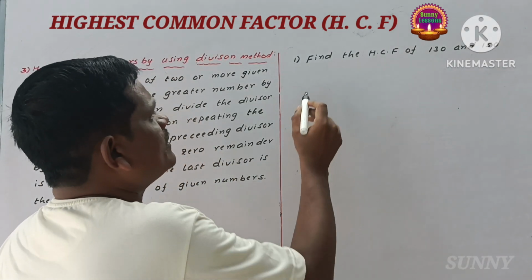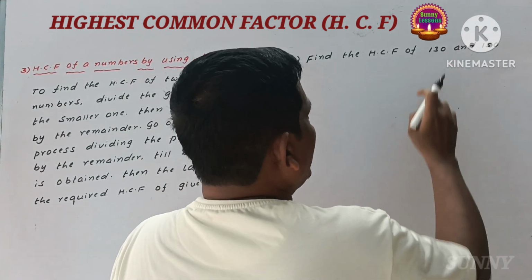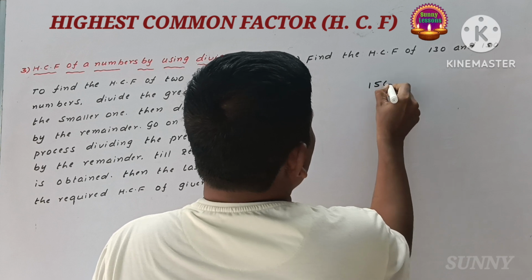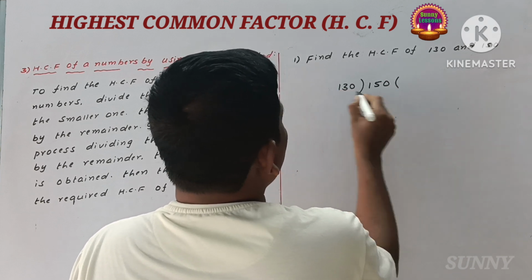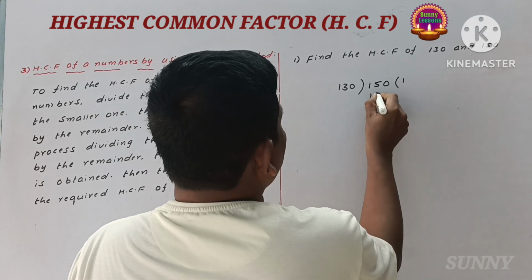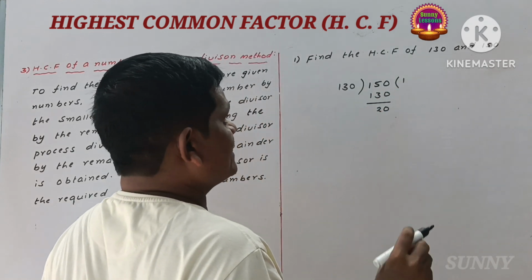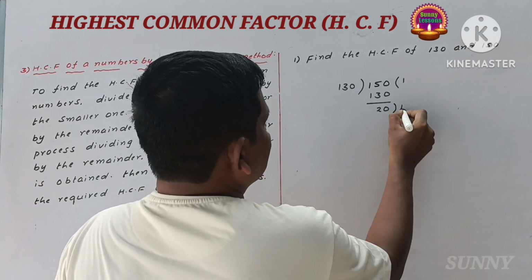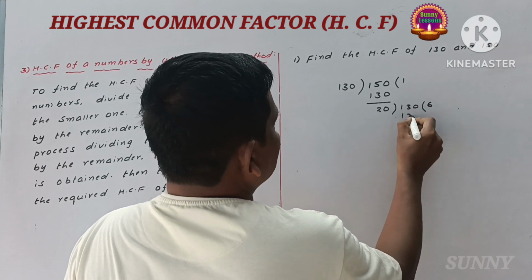Let us take an example. Find the HCF of 130 and 150. In this, we have to take the greater number 150 and divide it by the smaller number 130. 1 times 130 is 130, 20 is the remainder. We should divide the divisor with the remainder 20. 6 times 20 is 120.